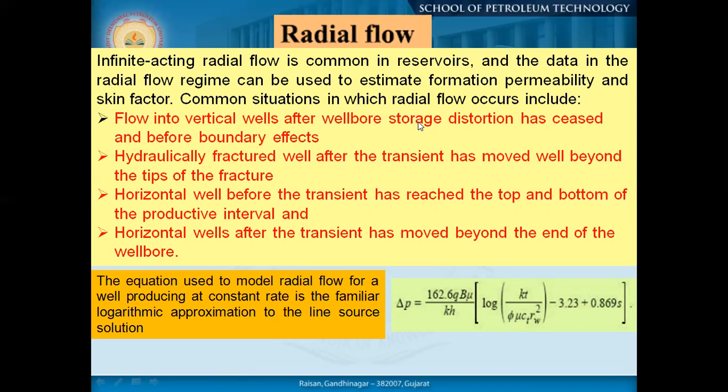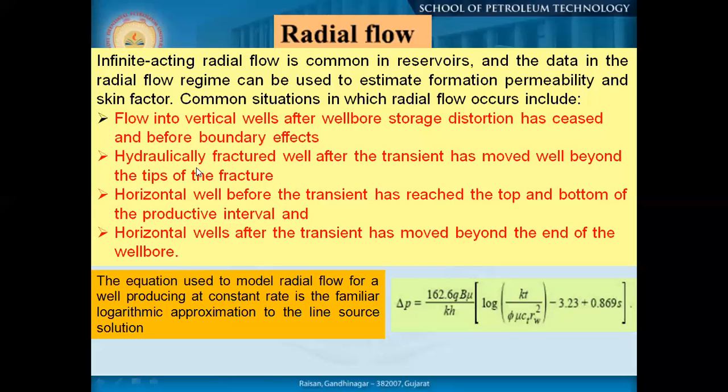If it is a homogeneous reservoir, then after the skin and up to the boundary effect, we consider it radial flow. That means the infinitely acting domain is considered radial flow if the reservoir is homogeneous in nature. If not, we will discuss in a subsequent section how the graphs would look.